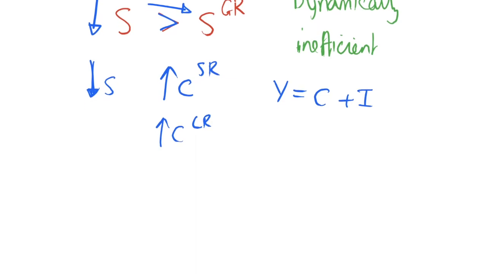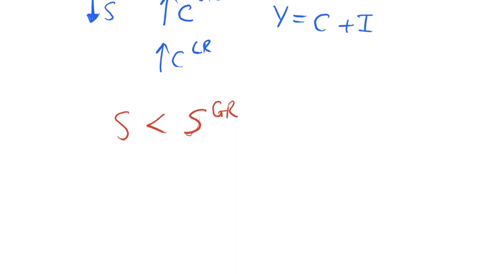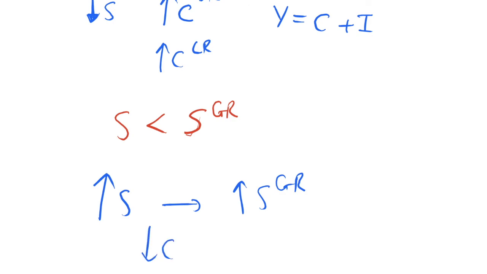If, however, our savings rate is currently below the golden rule steady state, well, to move towards the golden rule, we'd have to increase the savings rate to move closer to the golden rule savings rate, and this will mean that our short run consumption is going to have to fall because we're saving more of our current consumption, and so that's going to have to fall in order to increase our consumption in the long run.